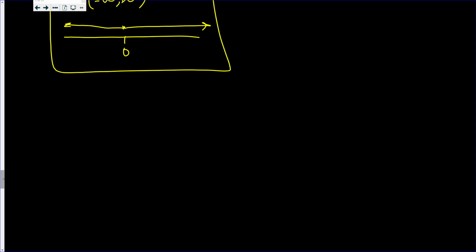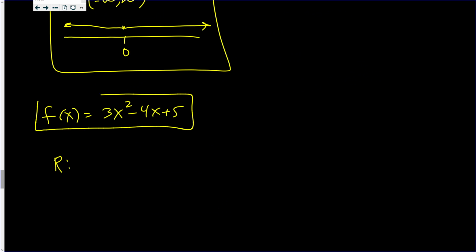Now, suppose you have the function f of x is equal to 3x squared minus 4x plus 5. And we want to find the range. Now, you should know what this looks like, at least a little bit. It is a parabola. It is a positive parabola.